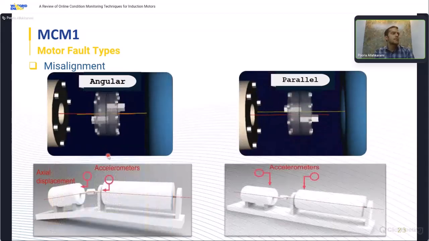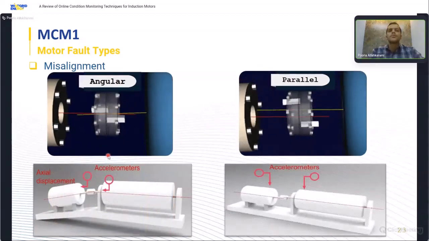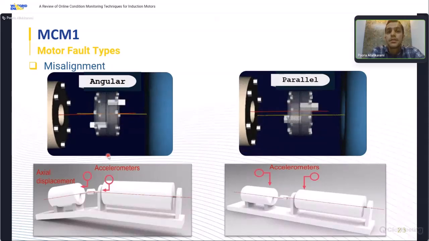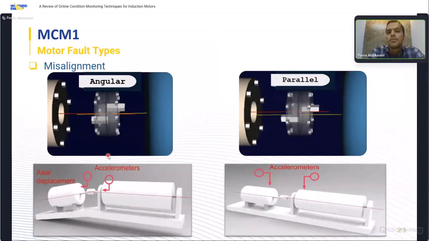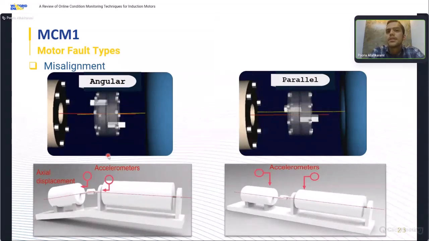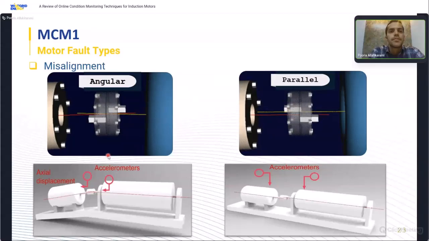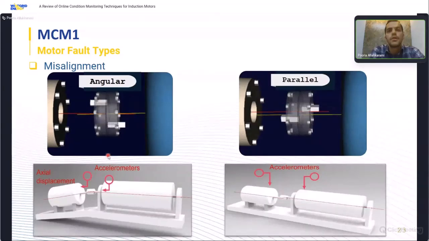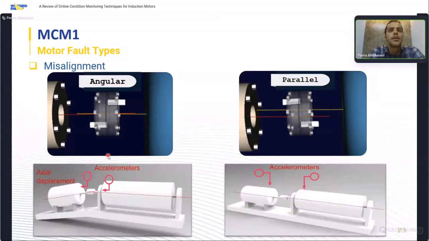The next fault that can happen in the motor is misalignment. Misalignment is not always visible, but it creates significant stress on the system. We can categorize misalignment into two types: parallel and angular.